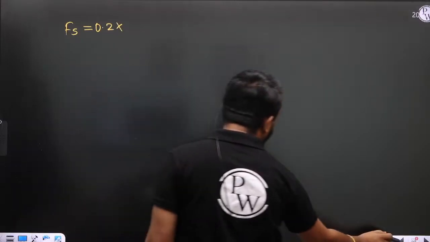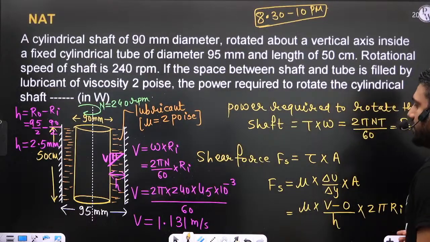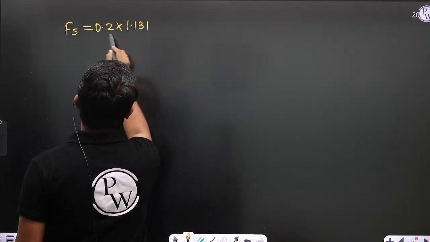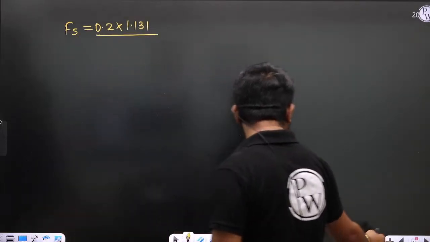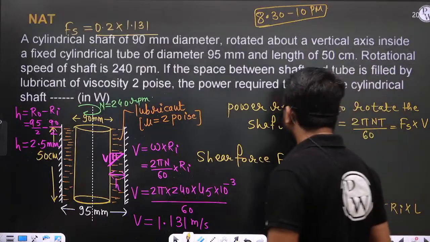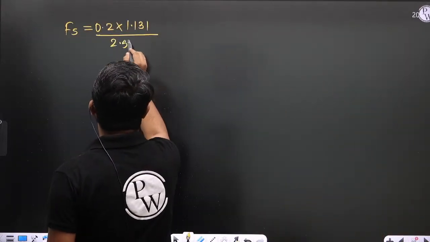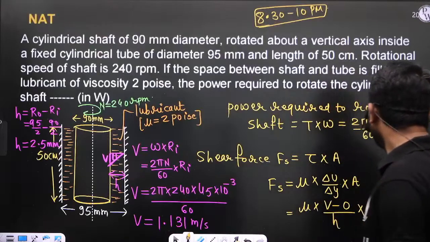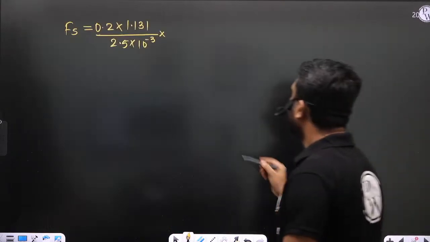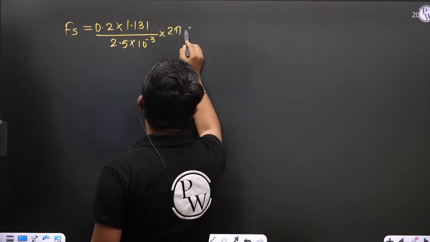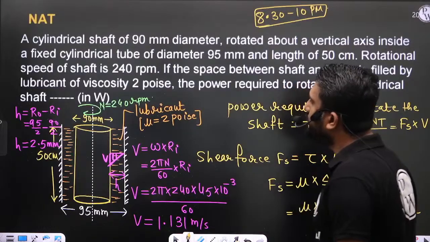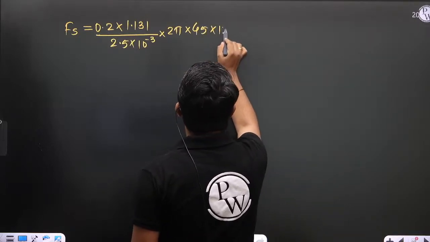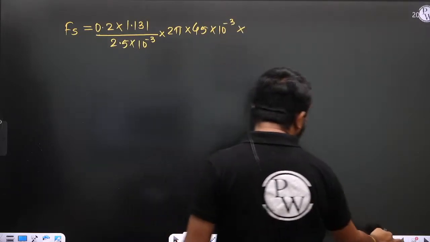So 0.2 multiplied by V minus 0. What is V? 1.131, divided by h, that is 2.5 mm, so 2.5 into 10 to the power minus 3, into 2 pi ri into L. That ri is 45 millimeter, that means 45 into 10 to the power minus 3.